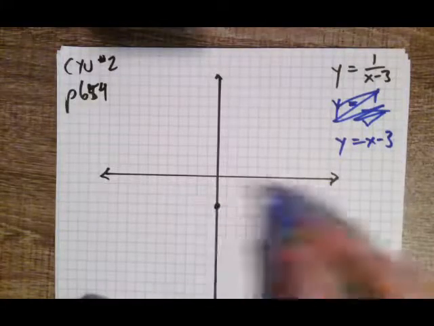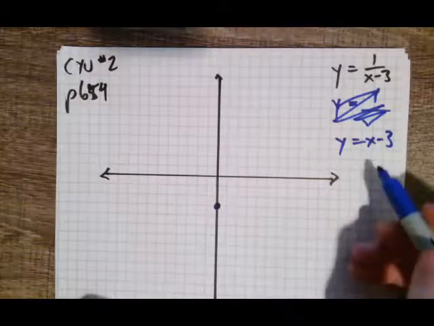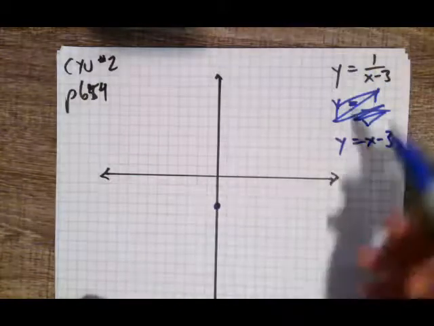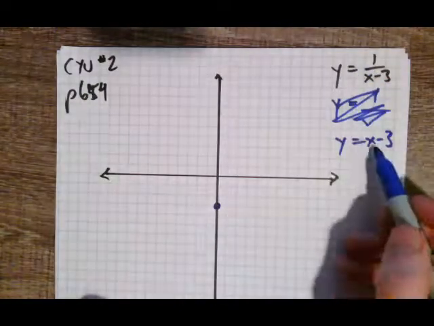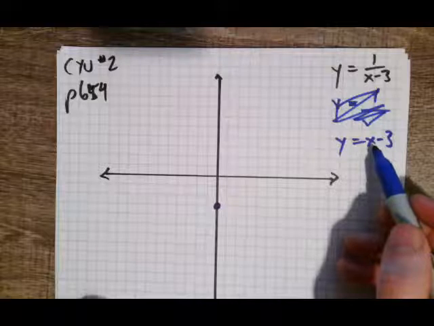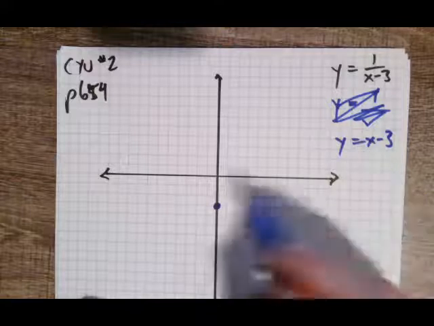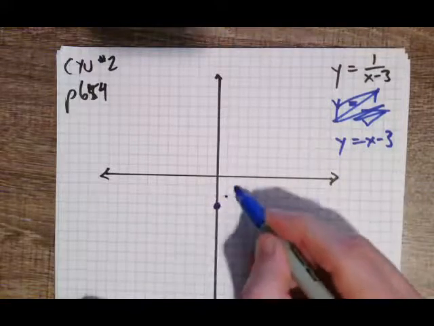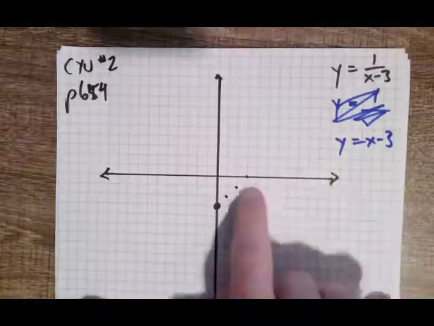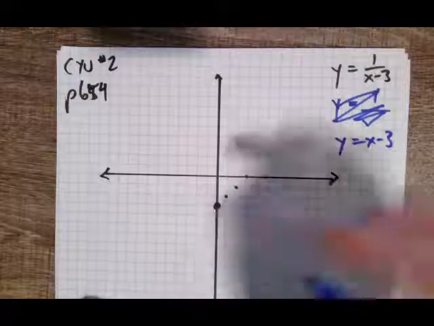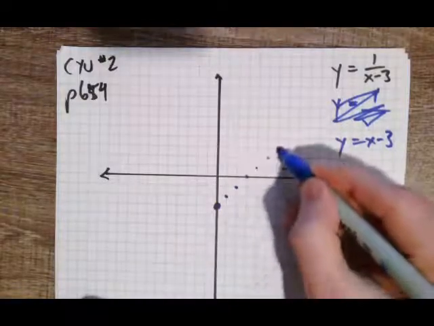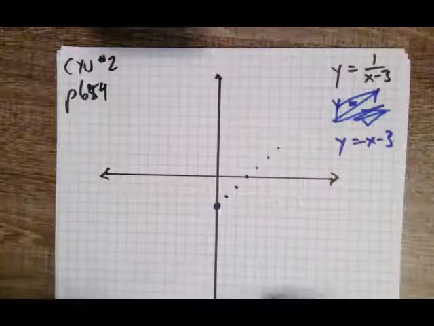So it's going to cross through there, and it's a positive slope, so it's going to run up and to the right. It's just a slope of 1, up 1 over 1. So you're just going to follow these dots. That's an important point. So you're just going to keep going, and I can connect those dots.